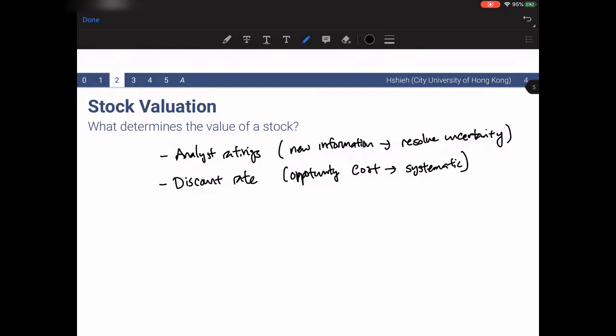Okay, so again, as I mentioned already from discussing discount rates, something else that might impact stock valuation is the current economic environment. Right, so if you think about it, what we'll talk about next week, interest rates is actually a reflection about many things, right?